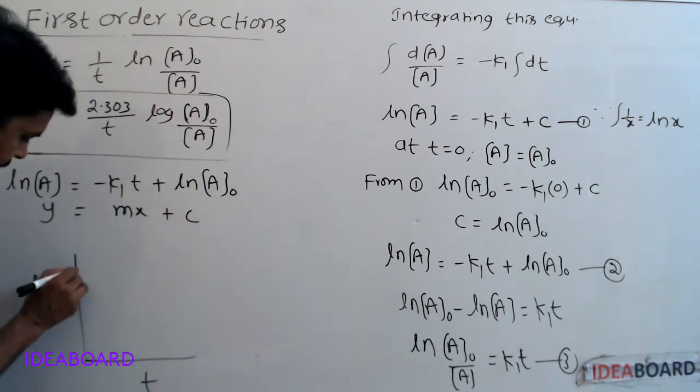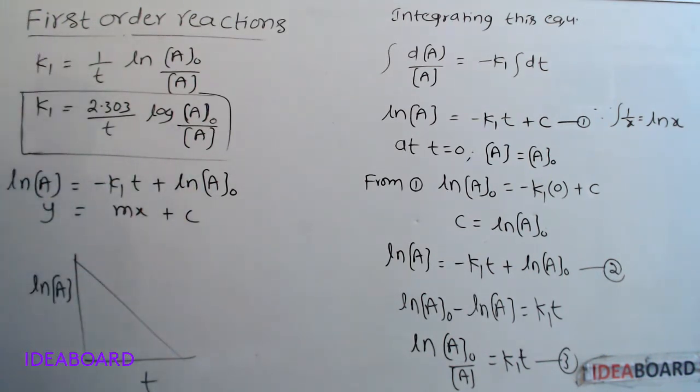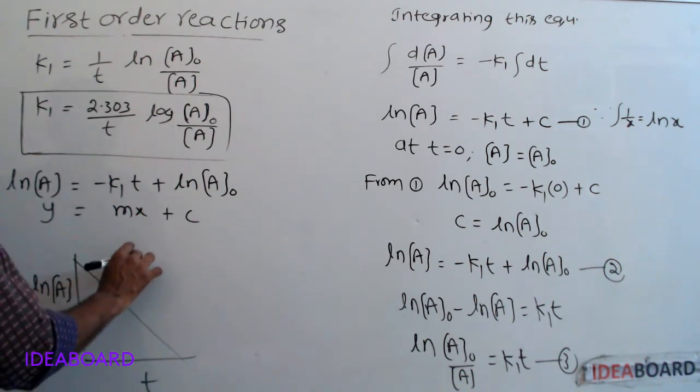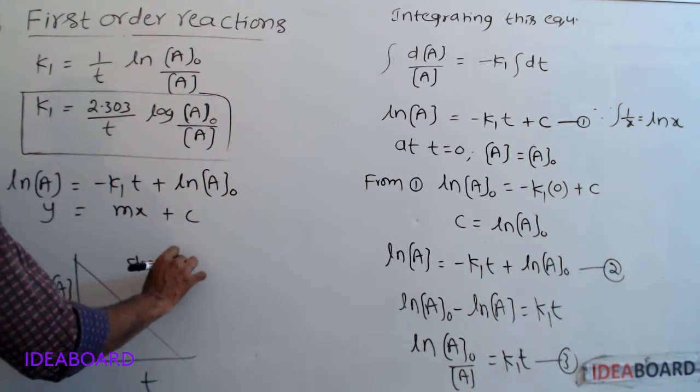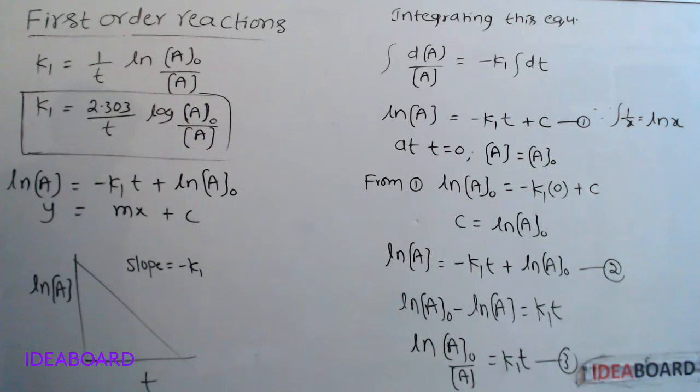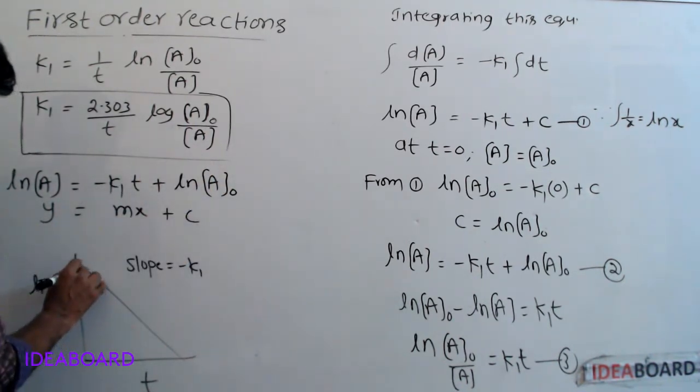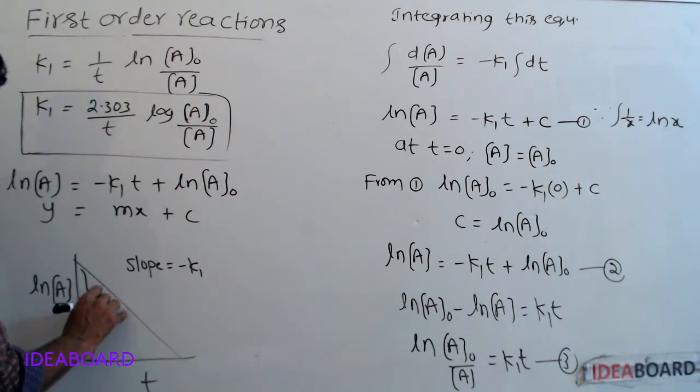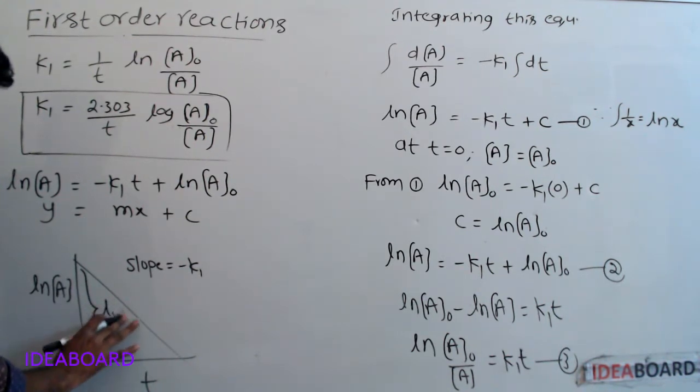A negative slope gives a straight line. Its slope is minus K1, and the y-intercept is log A naught or ln A naught.